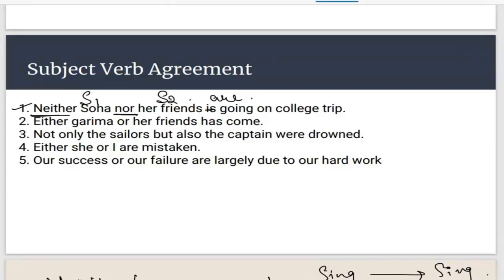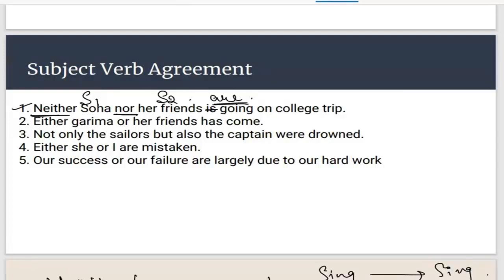So the verb will agree according to which subject? Subject 2. What is subject 2 in this sentence? Her friends. Very good. Since friends is a plural subject, we will be using a plural verb. So is will be replaced with are.